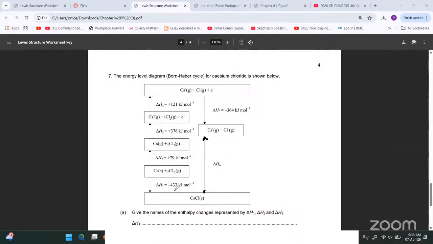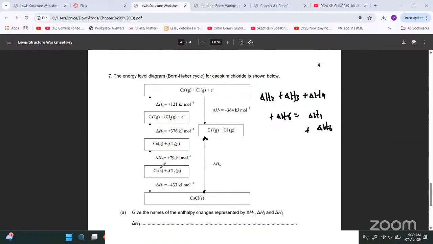So basically, we can conclude that delta H2, plus delta H3, plus delta H4, plus delta H5 will be equal to delta H1 plus delta H6.